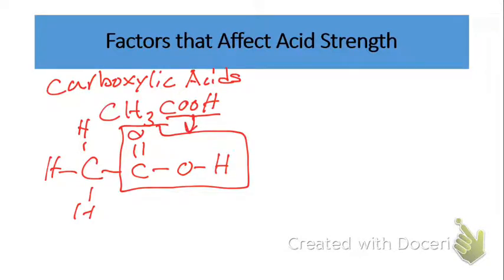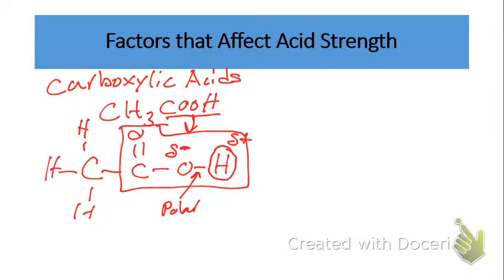So what makes this an acid? What makes carboxylic acid an acid? This H right here is what makes it acidic. And why? Well, it's because of two things. One is that this bond here is going to be polar. So it makes this H slightly positive and this oxygen slightly negative.